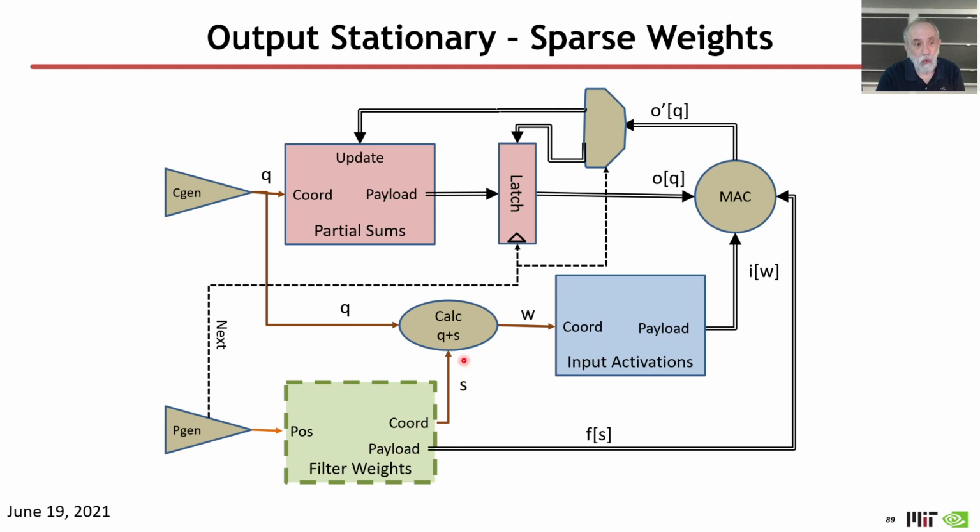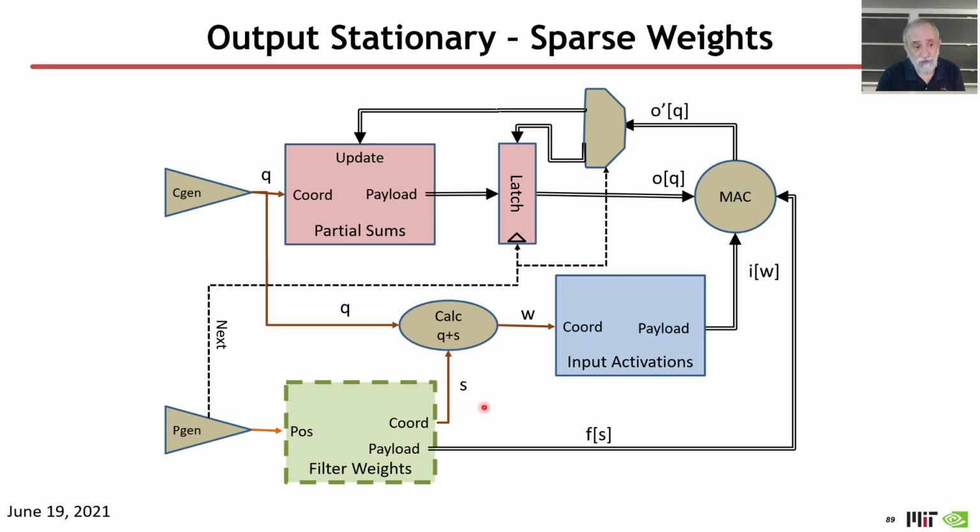We get the coordinate, which we combine with the coordinate that we're going to be working on for the partial sums. So we're going to step through the partial sums here and calculate, and that partial sum is going to come out and is going to be added to repeatedly.